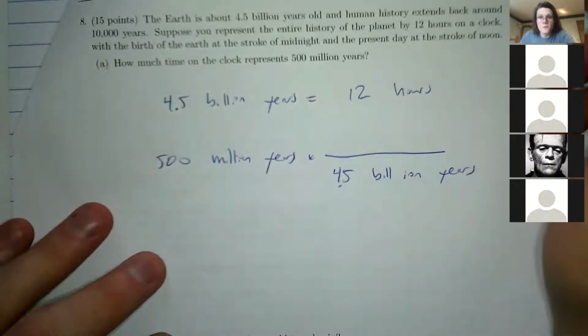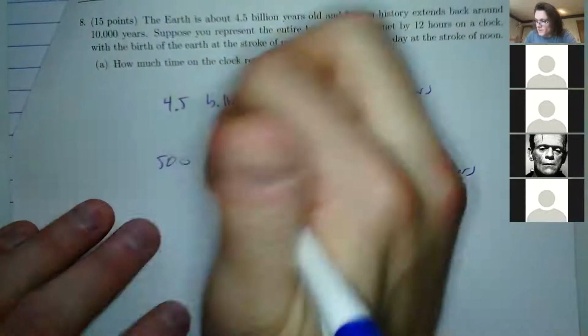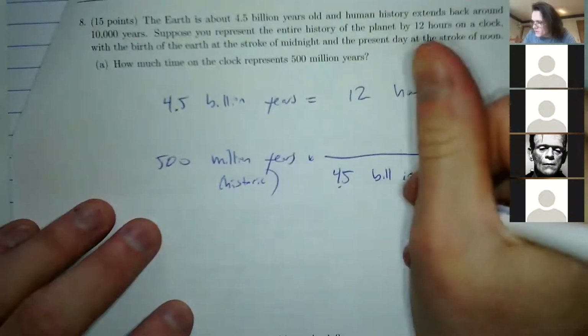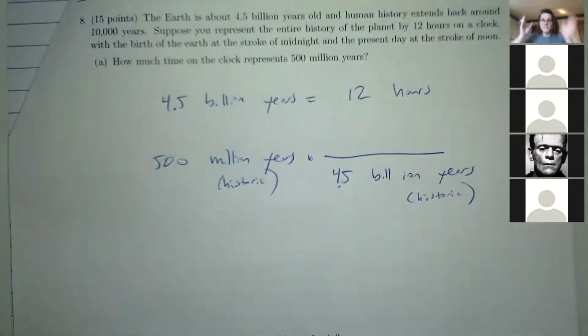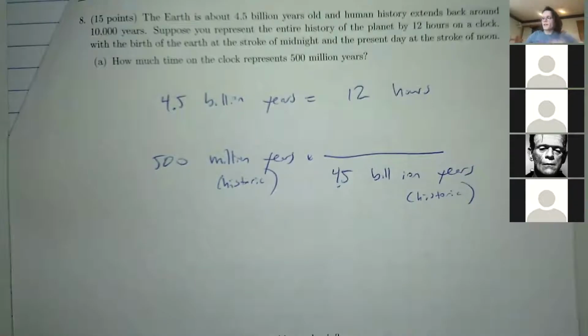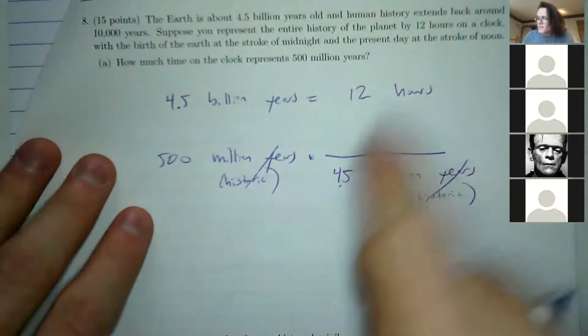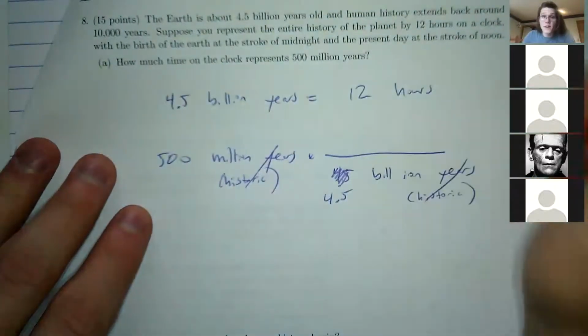It's like the bike path problem. So it's going to be a million years, like historic years. And these billion years are like historic years, like you're talking about the entire history of the planet in years. And so those years cancel. And then on the top, and this is 4.5, sorry, I missed the decimal, we just have hours, 12 hours.